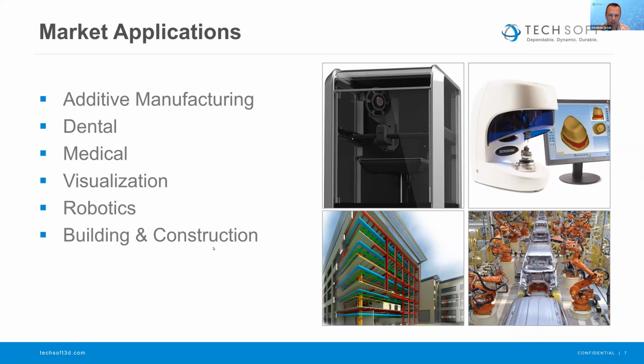And then lastly, building and construction. Again, these models are becoming heavier and heavier in terms of sheer volume, so simplification is important there. But also when you're building a building, you have a number of different building domains. You might have structural data, you might have HVAC, heating and ventilation data, you might have piping, electrical. All of these are coming from different systems and are being combined into one single model. And sometimes they don't always mesh. They don't always fit together as well as they might be designed.